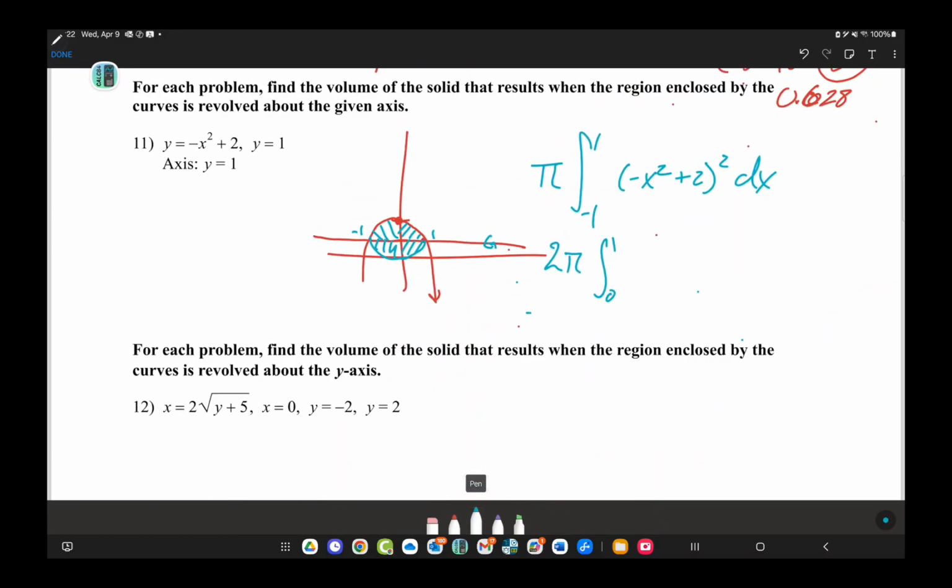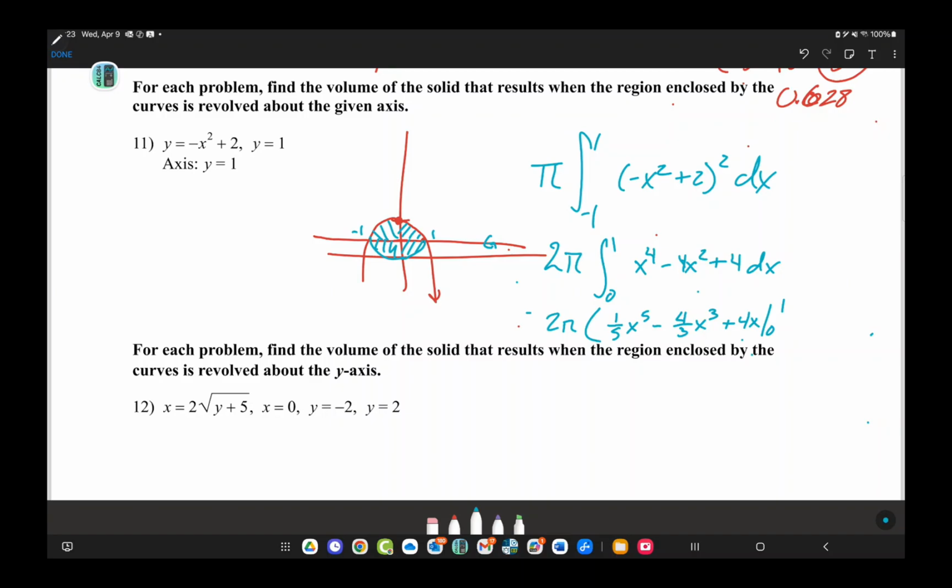If you square this, you get x to the fourth minus 4x squared plus 4, dx, which gives you 2 pi times 1/5 x to the fifth minus 4/3 x to the third plus 4x from 0 to 1.